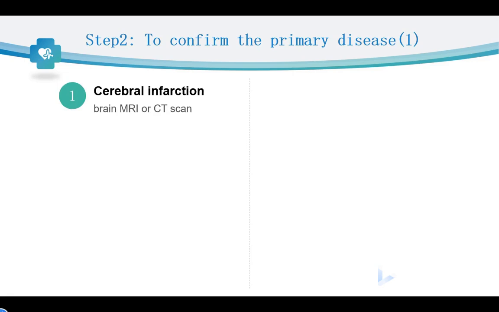Step 2, to confirm the primary disease of the respiratory failure. For example, if the patient is with a suspicion of the cerebral infarction, they need a brain MRI or CT scan for the diagnosis of the primary disease.